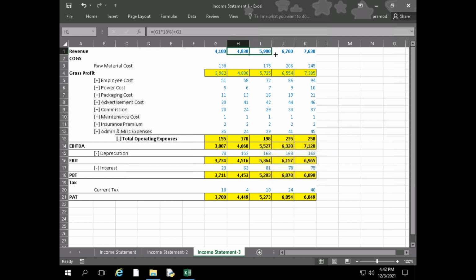So same manner you do it for this as well as for the raw materials.